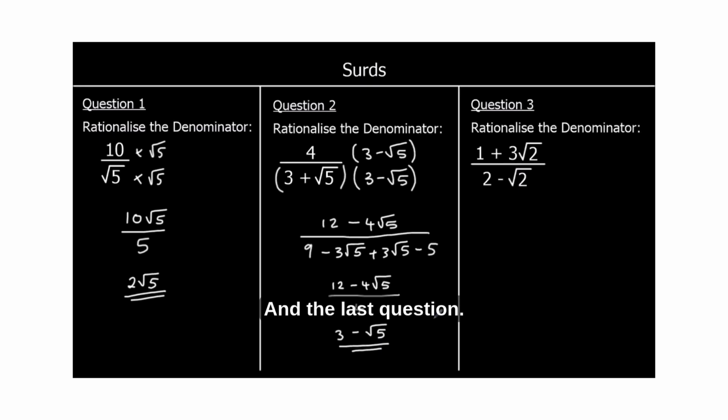And the last question, (1 plus 3 root 2) over (2 minus root 2). So to rationalise the denominator, we're going to multiply the top and bottom by 2 plus root 2.